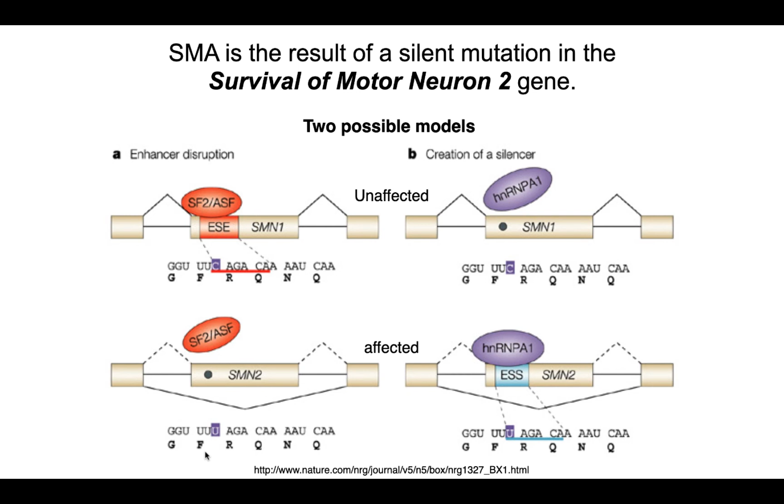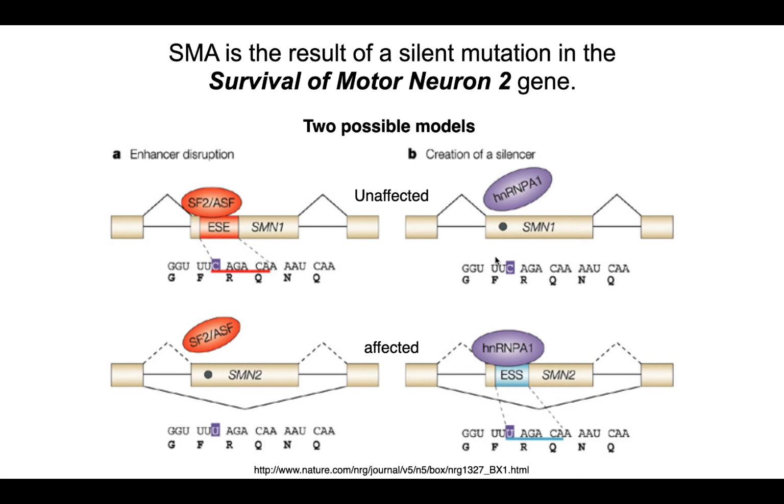Well, what they discovered is that this mutation is either eliminating an exon splice enhancer such that the protein can no longer bind it, or it is accidentally creating a new exon splice silencer that allows a silencer protein to bind to it.